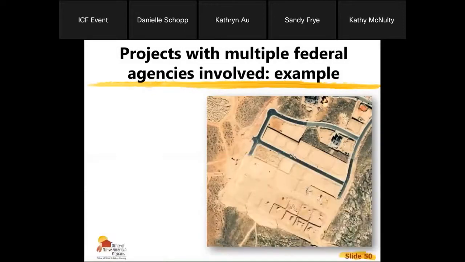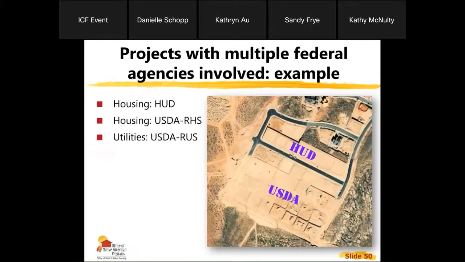Here's an example. It's not the most realistic one I can think up, but it's really just to illustrate the point of what to do in these scenarios. So let's say HUD funding is being used to develop some homes, and then further down on that property, USDA rural development funding is being used for housing and infrastructure.